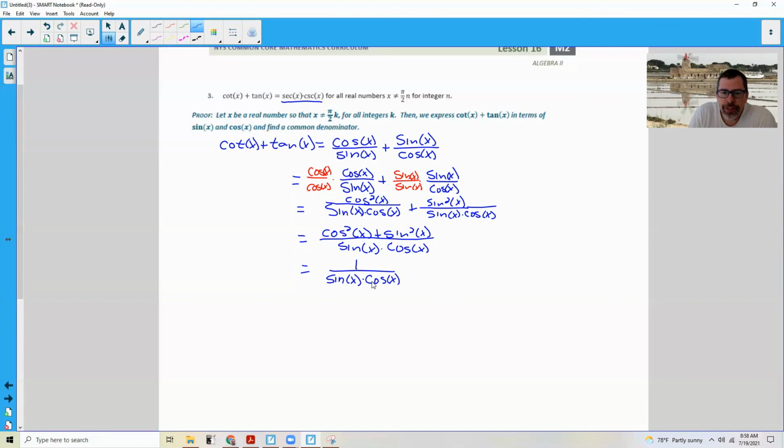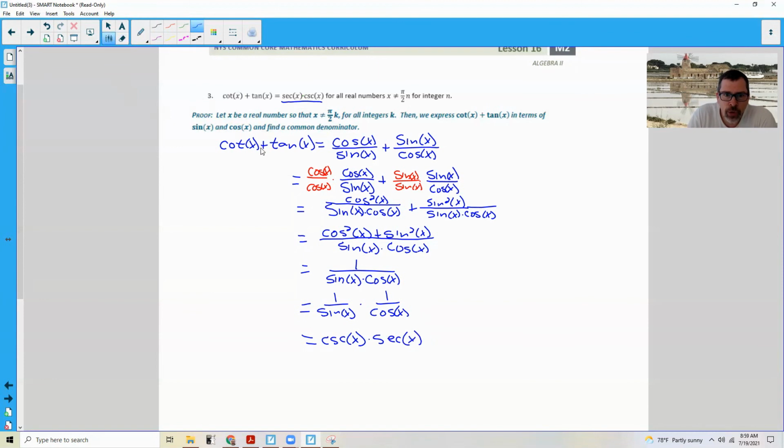All right, so now we're coming together here. If I separate this, it is equivalent to 1 over the sine of x times 1 over the cosine of x. And 1 over sine x is cosecant x. And 1 over cosine x is secant x.